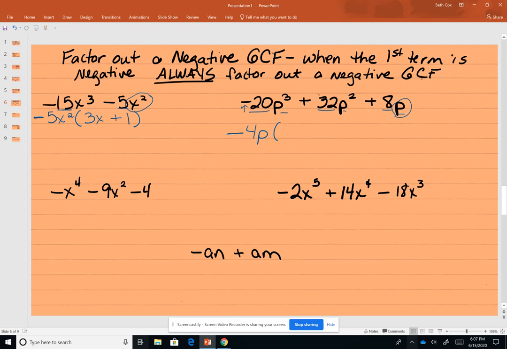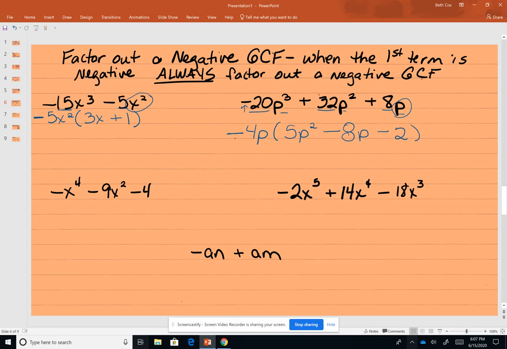And now I'm going to do my little division. So that's going to be a positive 5. A negative divided by negative is going to give me a positive 5 p to the second. And then positive divided by negative is going to be a negative 8 p. Right? And then a positive divided by negative is a negative 2.